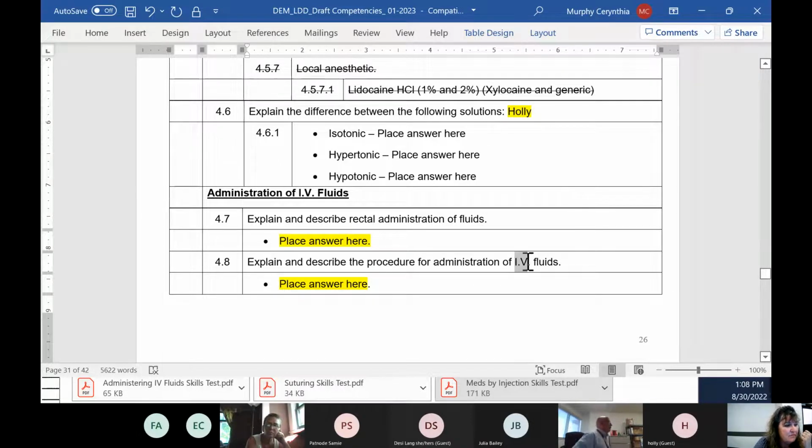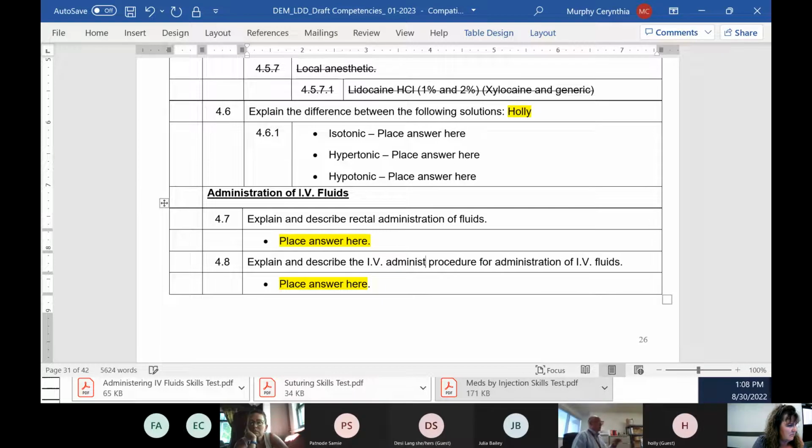Same with this one. Here we want to explain the procedure for administering fluids IV. See, the first question includes procedure by saying describe rectal administration, so that includes procedure. You could say explain and describe IV administration of fluids, and that would have the same structure.